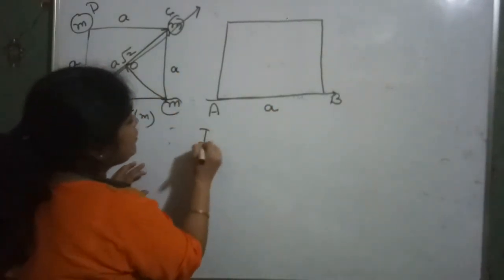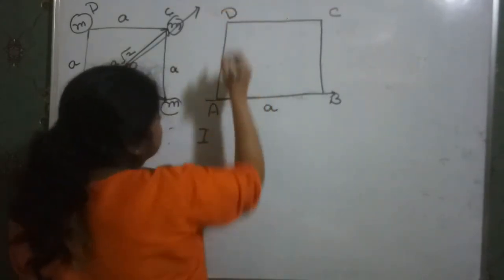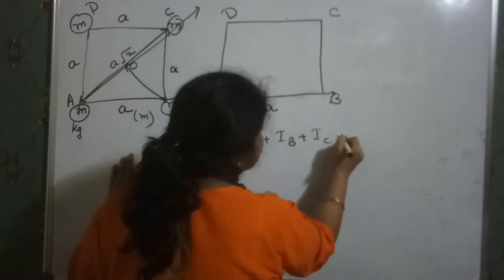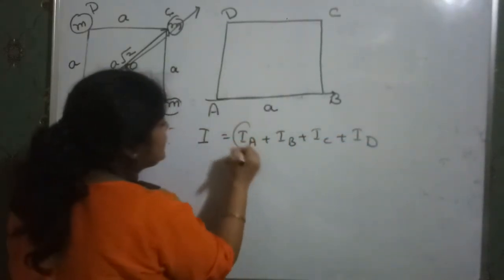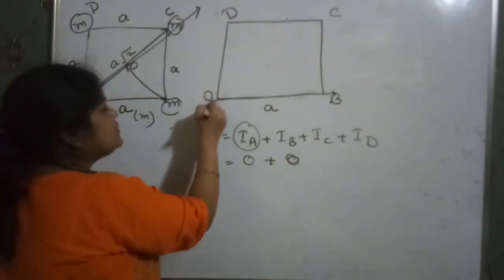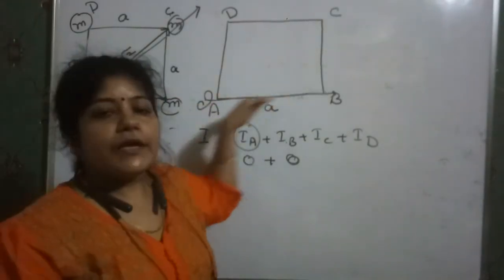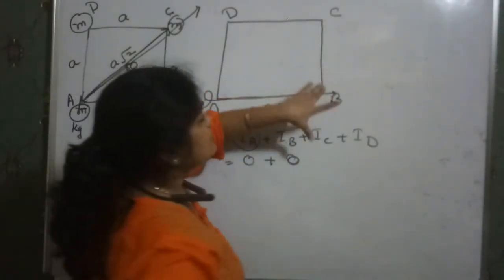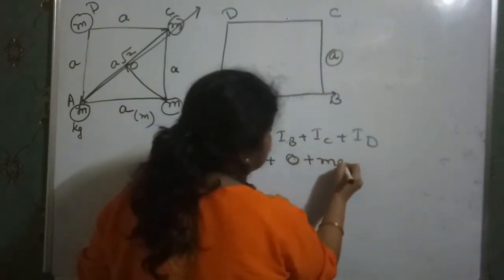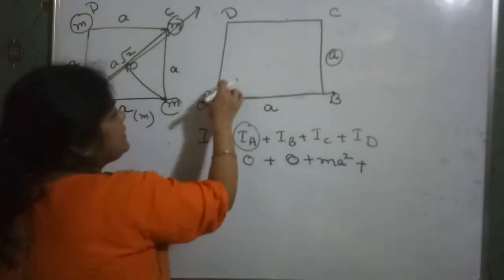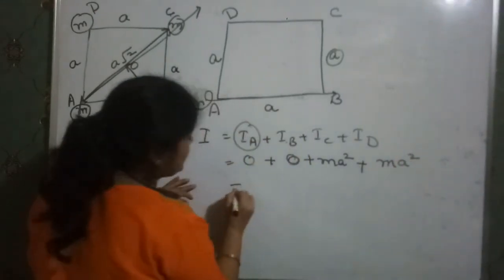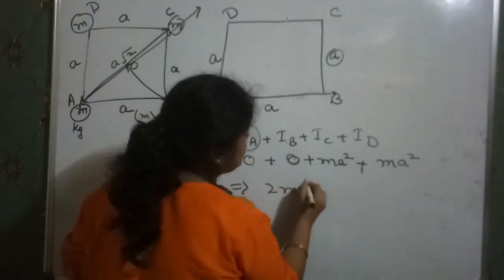So total moment of inertia is IA, IB, IC plus ID. For IA we have 0, for IB we have 0 because the axis of rotation goes from A to B. Now for IC, the distance from C is a, so we have Ma squared, plus for ID the distance is also a, so Ma squared. So we have the answer 2Ma squared.